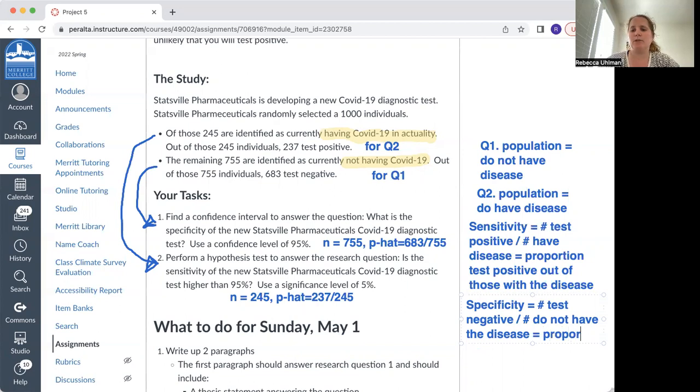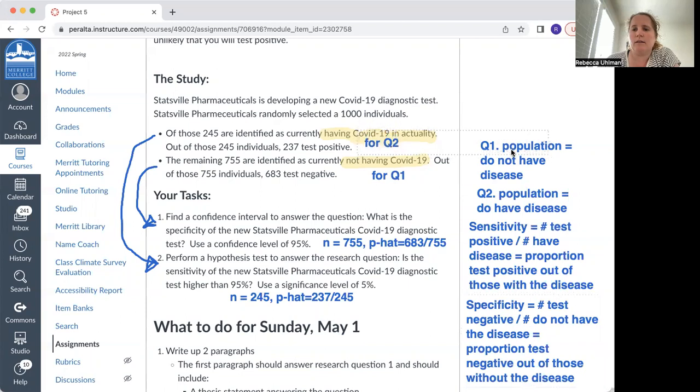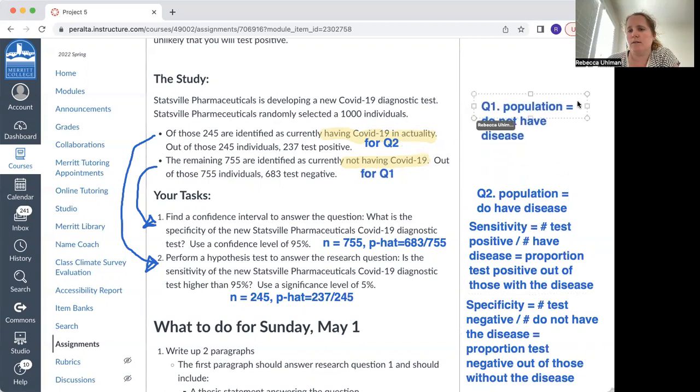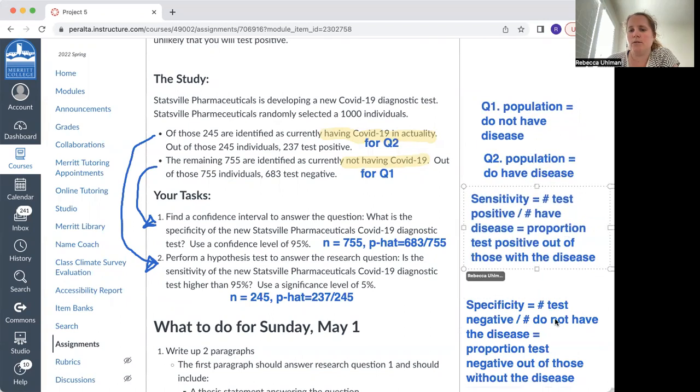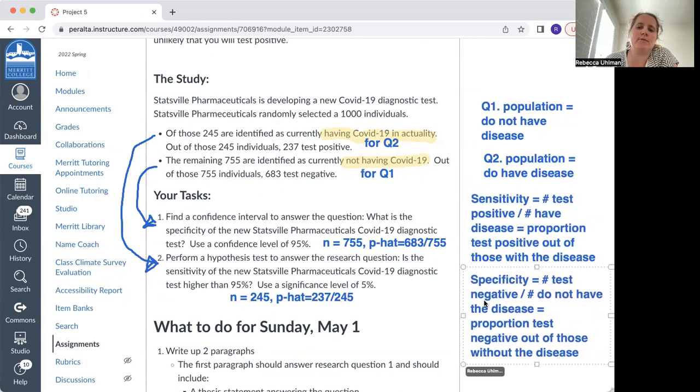This is the proportion who test negative out of those without the disease. This is all of the relevant information for what you need in order to answer the research questions by finding a confidence interval and a hypothesis test.